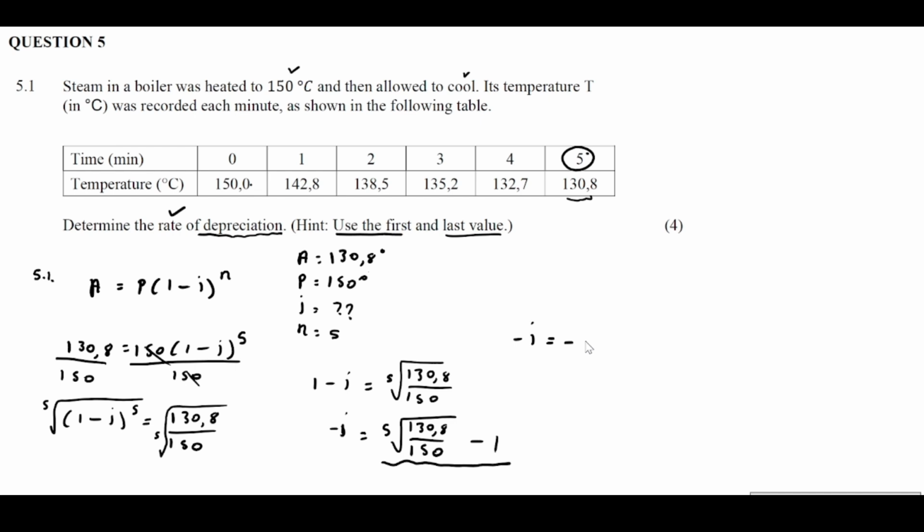So the answer here is going to be negative 0,02702138, and then you can divide both sides by negative, which is going to be the positive value of 0,02702138 on your calculator. So this is your i.